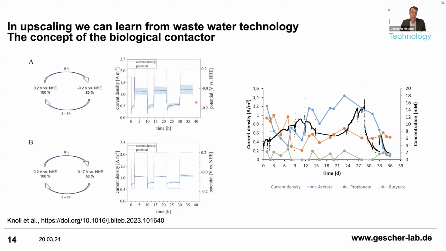Another thing we can do is steer the biofilms. By adjusting the potential of the electrode, we can also adjust the current density. So we can tell the organisms how fast they should respire under certain process conditions. We can use this to increase or decrease the overall voltage of the bioelectrochemical system.